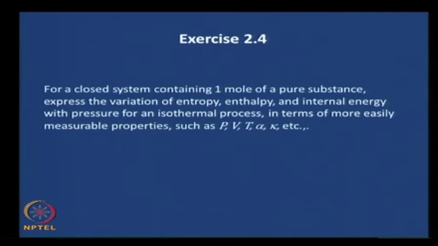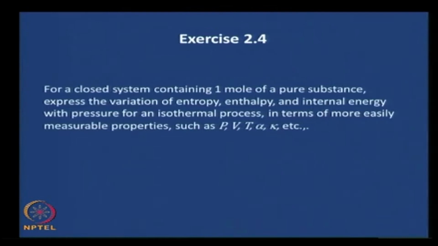So with these 2 definitions, it is much easier to get a feel for the use of alpha and kappa, expansivity and compressibility, if we work out an example or an exercise, that is exercise 2.4 here.